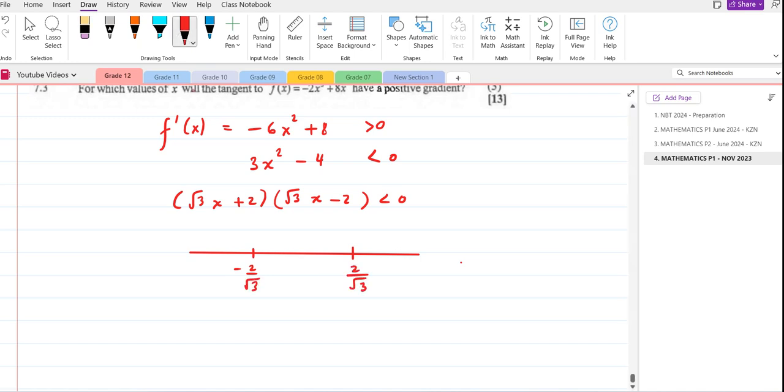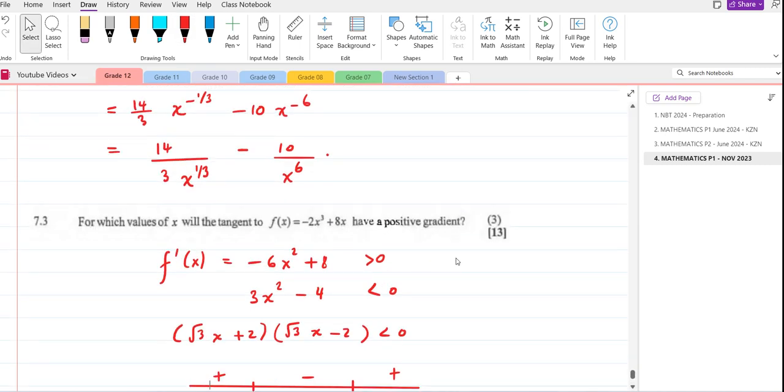Taking any value after that and substituting into x, you get positive, then negative, then a positive. And we want a positive gradient, so the answer is less than negative 2 over 3.